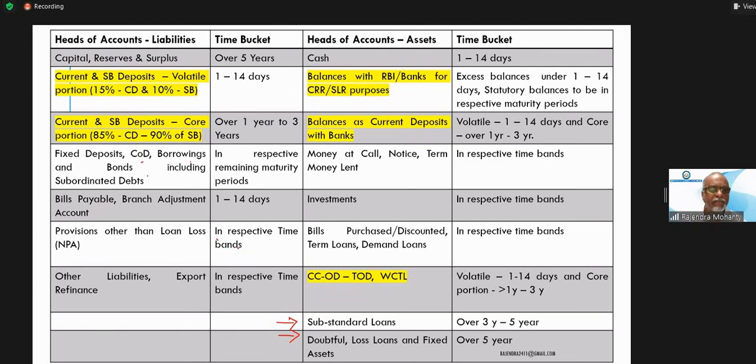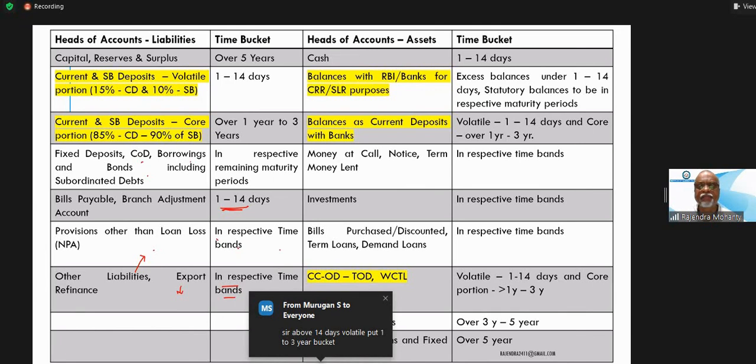So bills payable or branch adjustment account, they are put under the first three buckets, 1 to 14 days. Other liability, export refinance, etc., as per the respective time band. When those other liabilities are to be paid back, you know the dates. Export refinance is for a tenure, so you know the tenure. So they will be put under the respective time band.